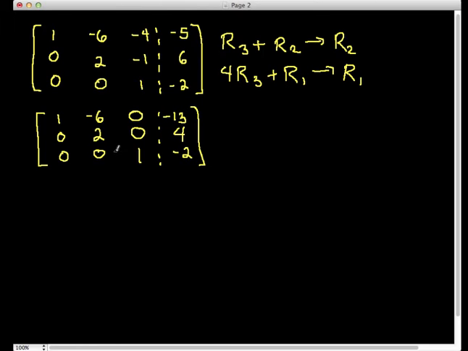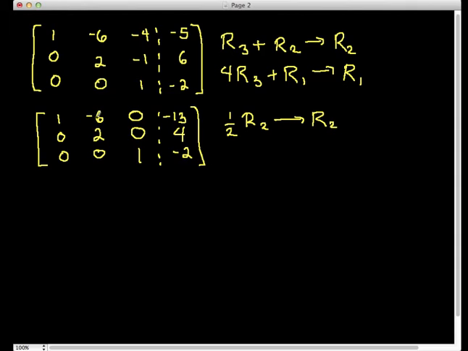Okay. Well, now I see I could get a 1 in the second row if I just take this second row and multiply it by half. So the next step, I'm going to take 1/2 times row 2 and make a new row 2. Okay, that's easy.